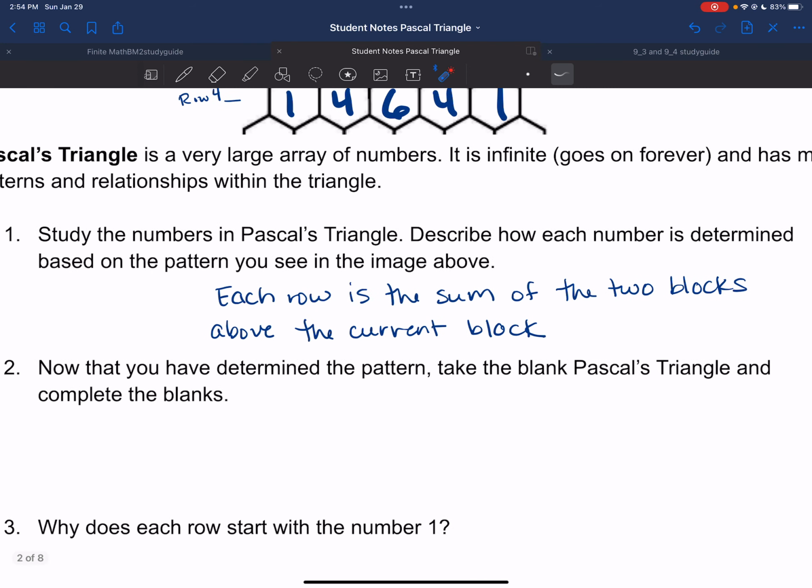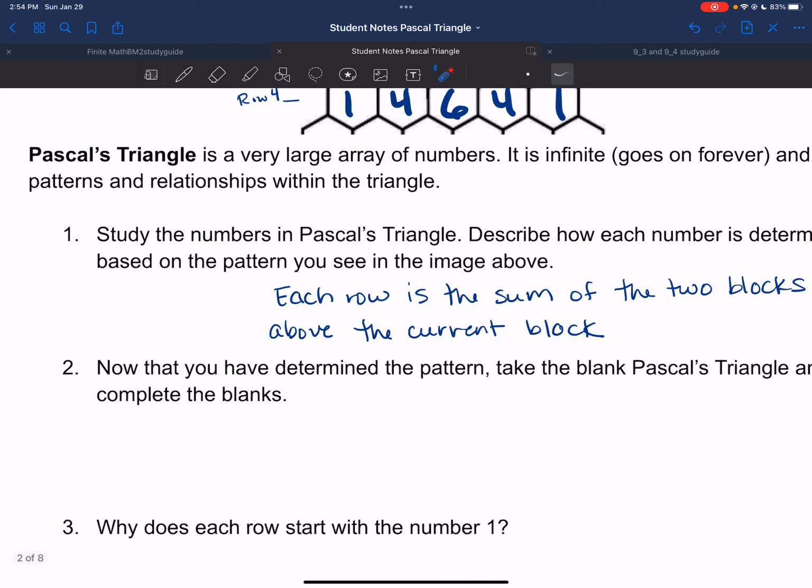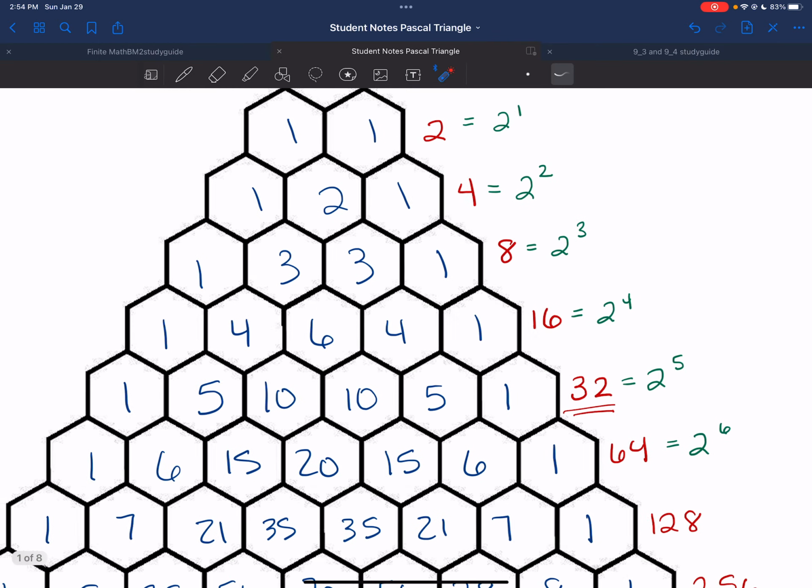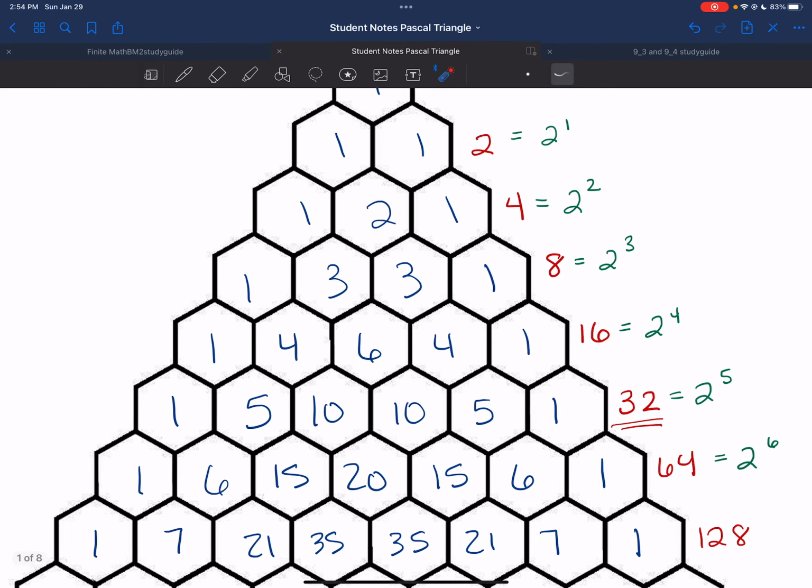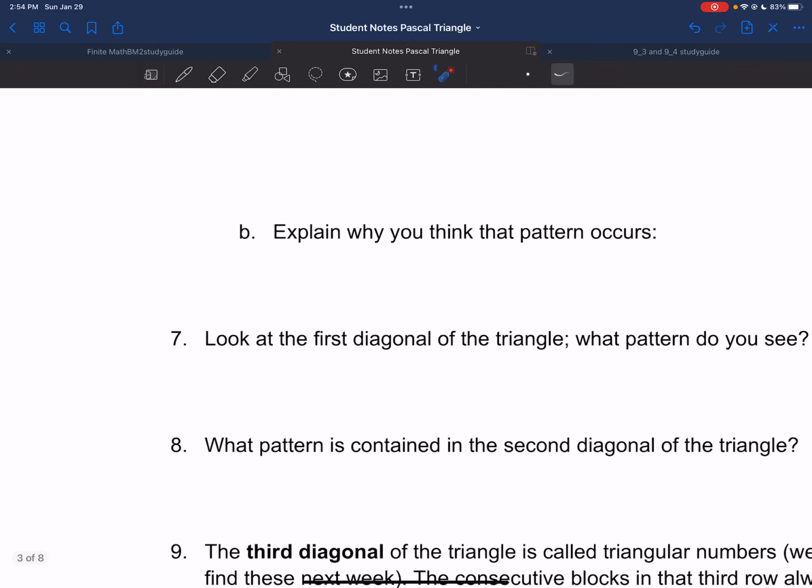So now that you've determined the pattern, take the blank Pascal's triangle and complete the blanks. And so that's this one that you guys will be working on towards completing. I do have one completed here in the back.